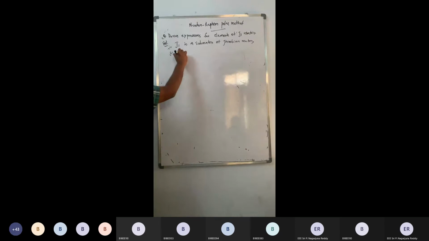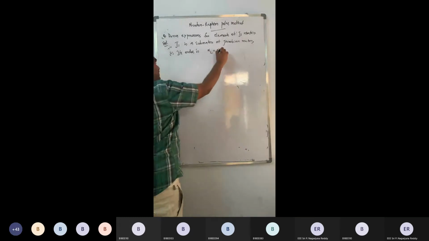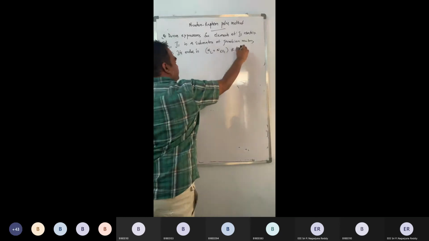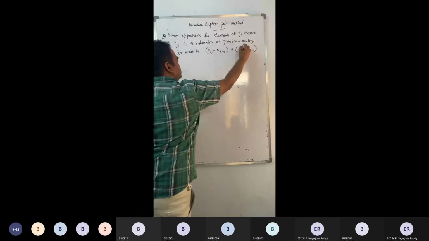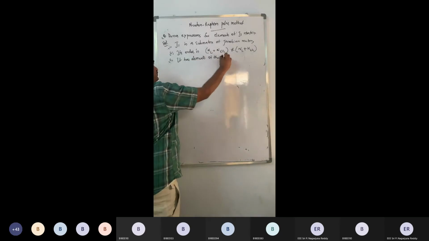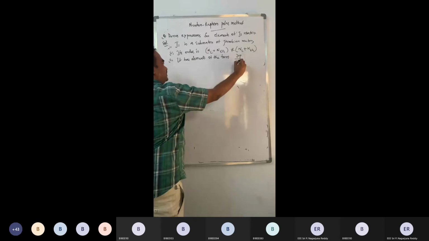What is the order of J1? NL plus NEG by NL plus NEG. This is the order of J1 matrix, and it has elements of the form dou P by dou delta.